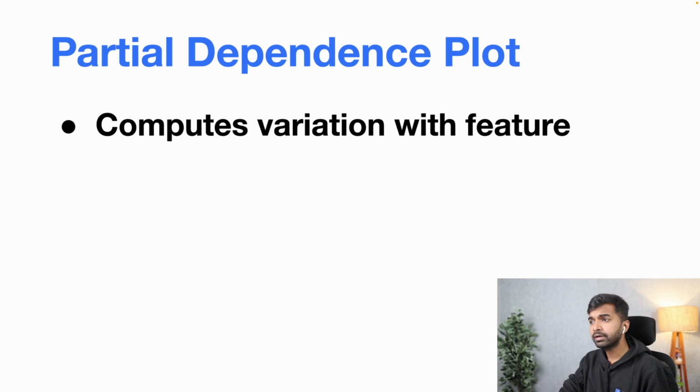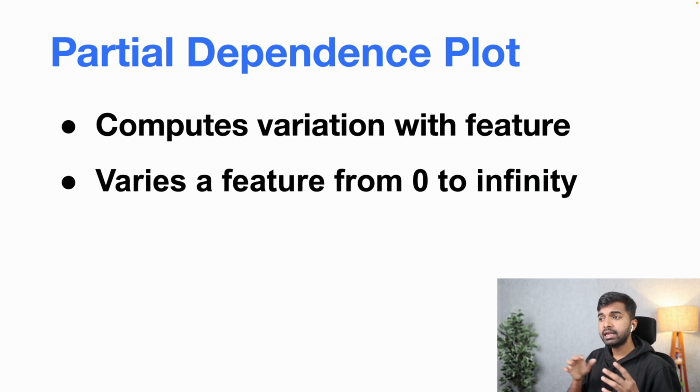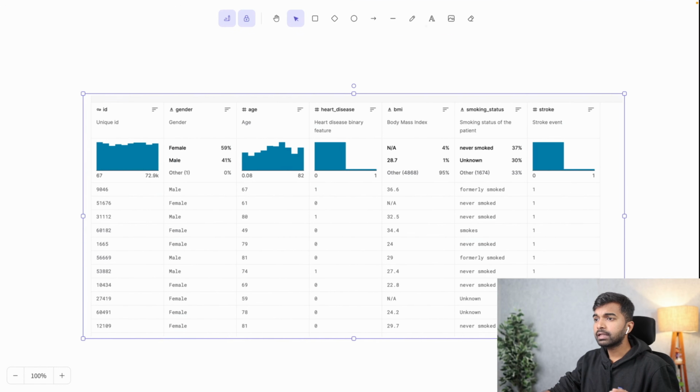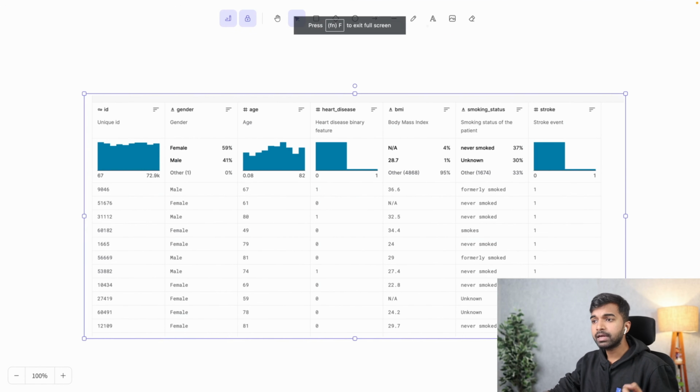So the key idea here is this computes variation with feature. And the way it does that is by varying a feature from 0 to infinity. So what you do is you've trained a model already, and the model given an input is going to come up with a prediction. So you take your training data set, and in your training data set, you have the age column.